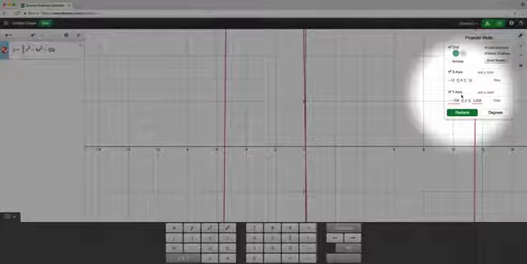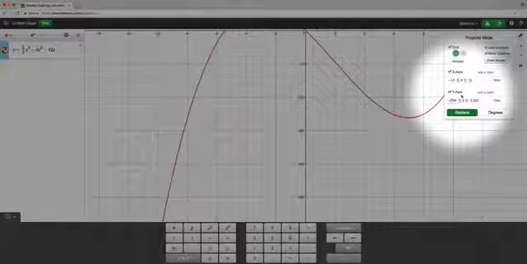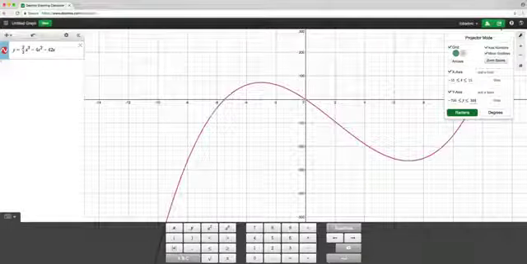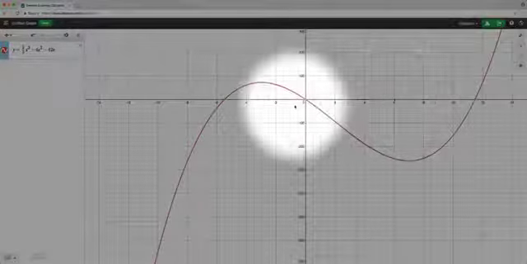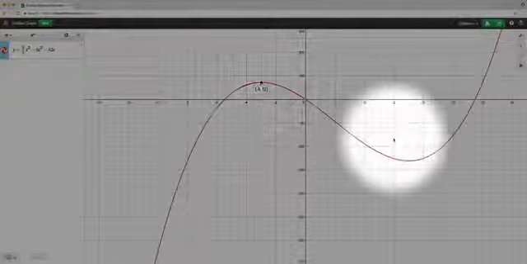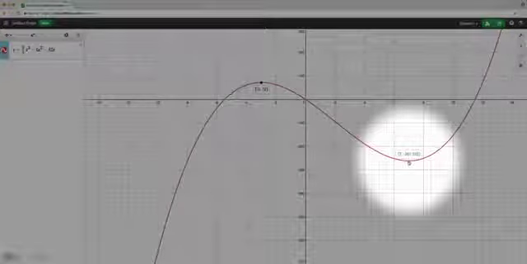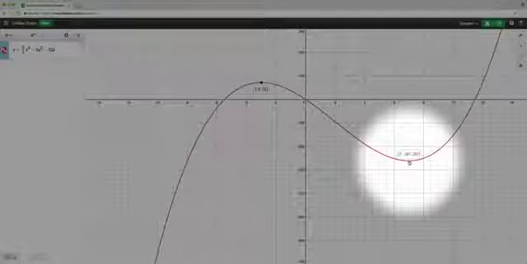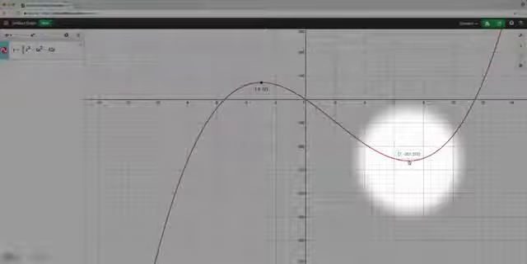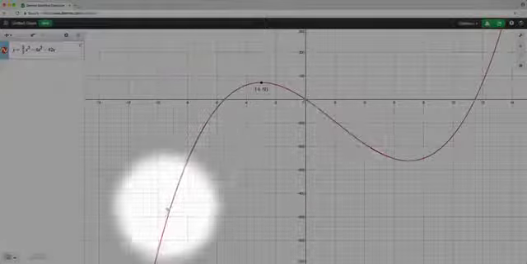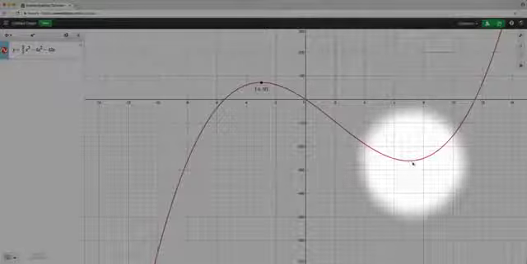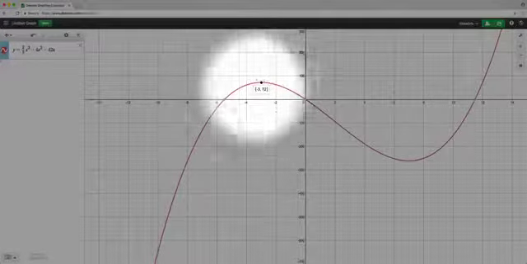So we might look at going from negative 700 to 200, or maybe even 300. And now we can see the 72 local max that we found, and the negative 784 over 3, which rounds to negative 261.33, as our local min. Notice there are other values further away that are smaller, but locally this is the smallest value, and locally this is the largest value.